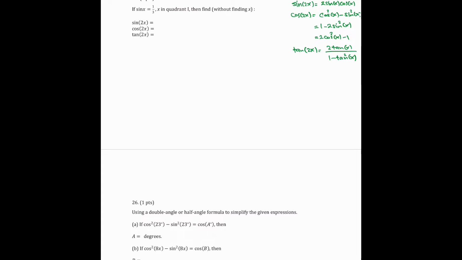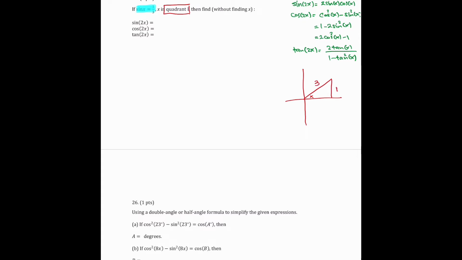Notice how to find sine 2x, we need sine x and cosine x, and the question only gives us sine x. We are able to find cosine x because we know this angle is in the first quadrant, so we're going to create a triangle in the first quadrant. It is x, and the sine x is 1 over 3, opposite over hypotenuse.